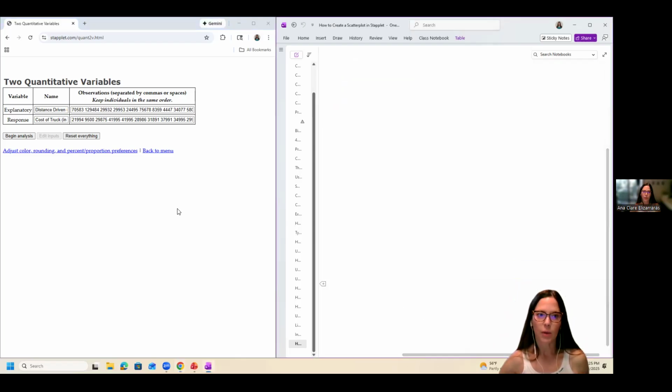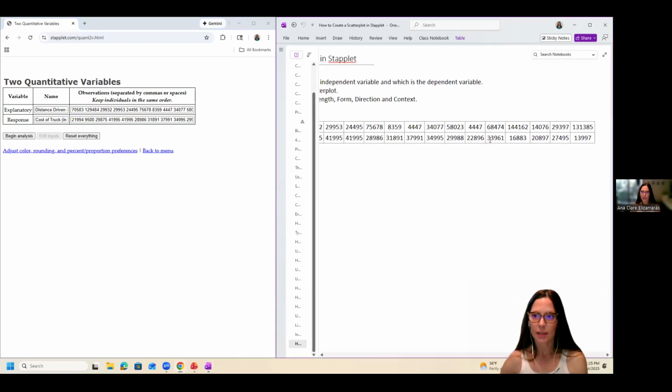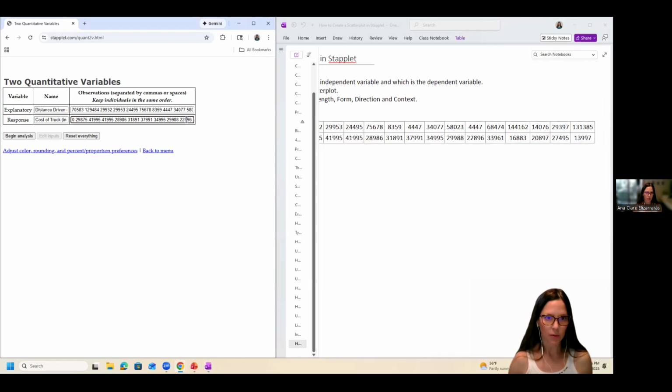And I went all the way to 22,986. So I need these last five values just as with the other one. I'm going to go into the table, paste these values, and verify that I pasted them. Again, you could enter commas, you could do this by hand. I do feel like doing it by hand leaves more room for error.